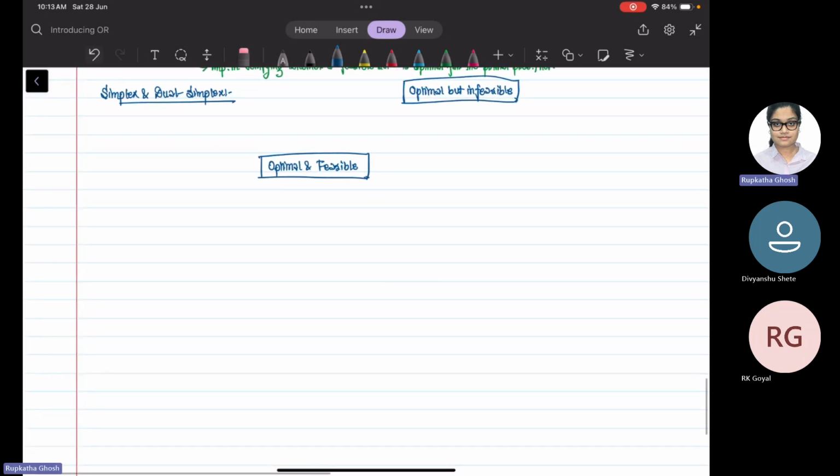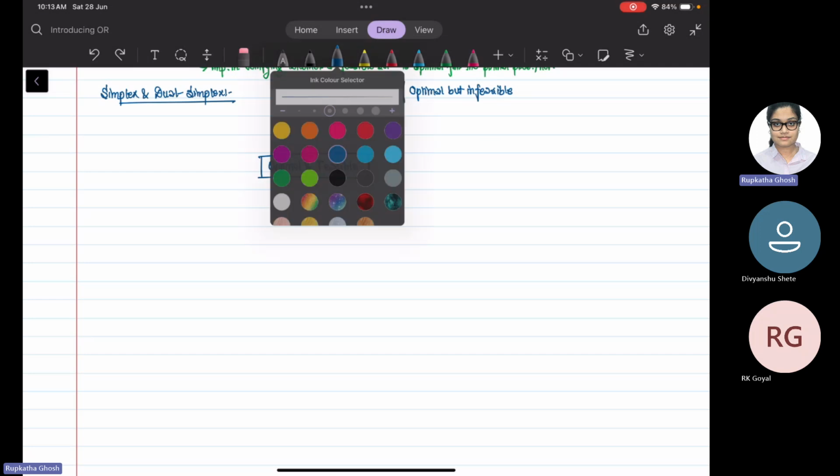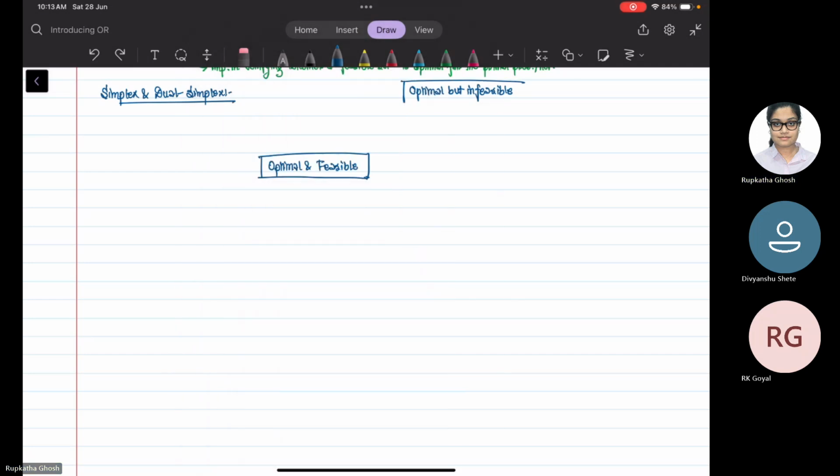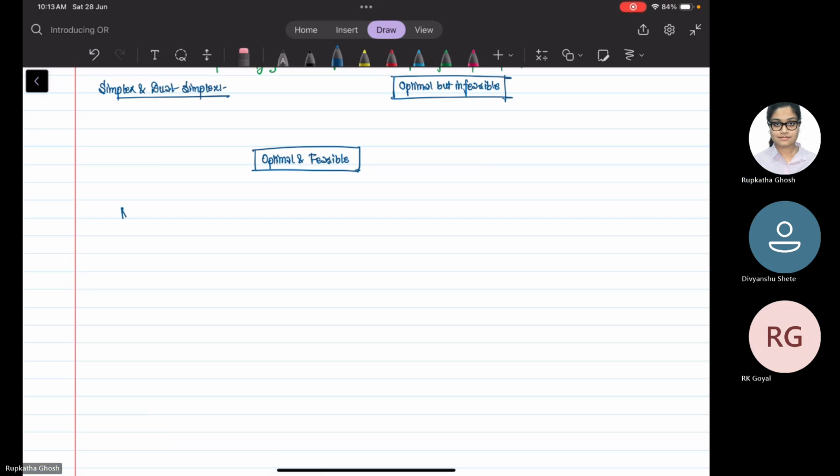And this is non-optimal but feasible. So if you remember, we always start our simplex with a feasible solution, right? So your simplex starts here, and then slowly we go to the optimal and feasible solution.